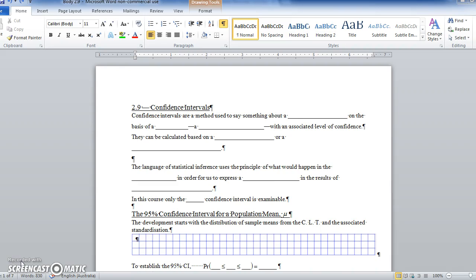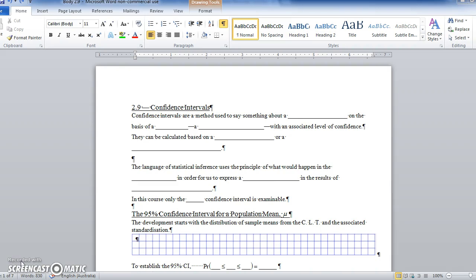And this is quite powerful because often for a population we're not going to know the population mean, and so we can just take a simple sample and then calculate or get an idea about where our population mean is.